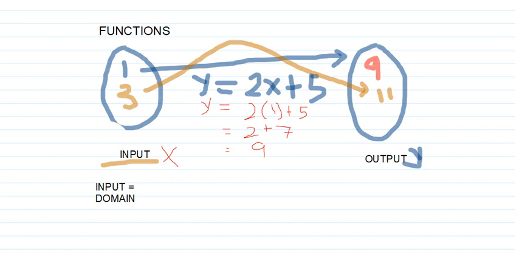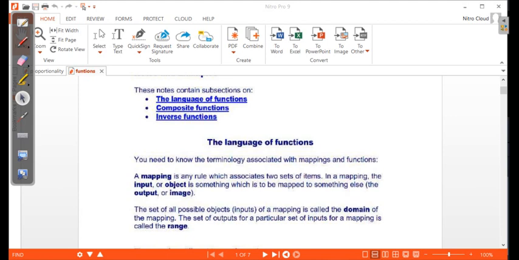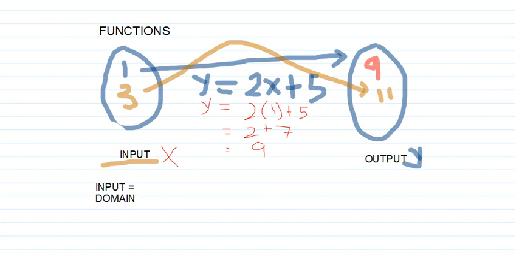Then from the definition again, we see that all the outputs, meaning these values which will produce the images or the output, the output values, are the same as the image, which is also called the range. Just like we agreed here that domain is equal to input, the output is the same as the image, or the range.